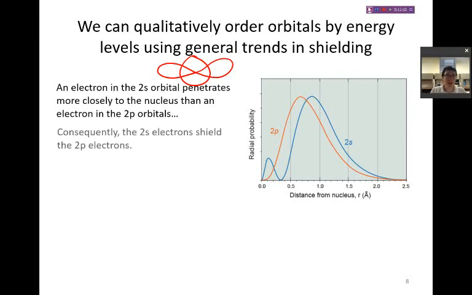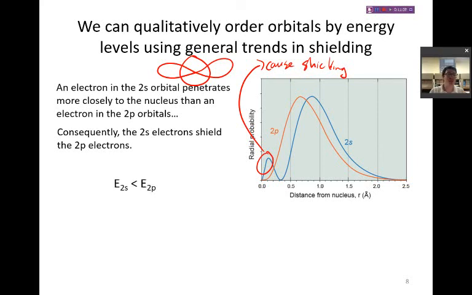What that means then is that those s electrons shield the p electrons that are within the same shell. Because there's a probability of finding the electrons closer to the nucleus, these cause shielding even of electrons within the same shell.